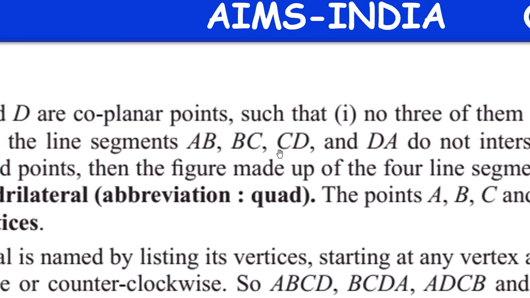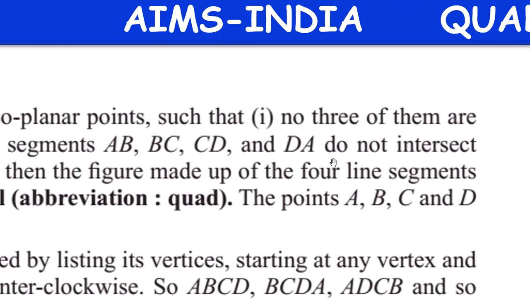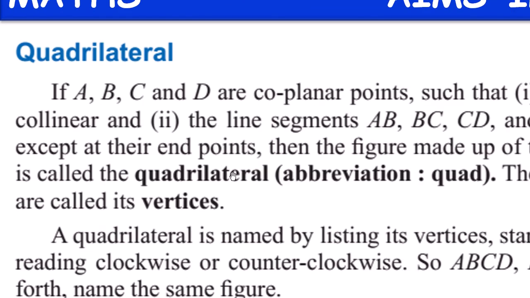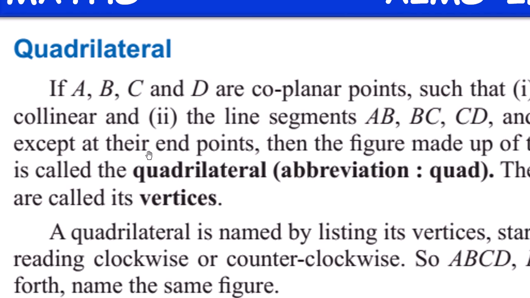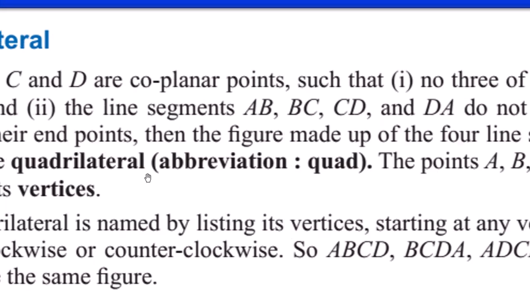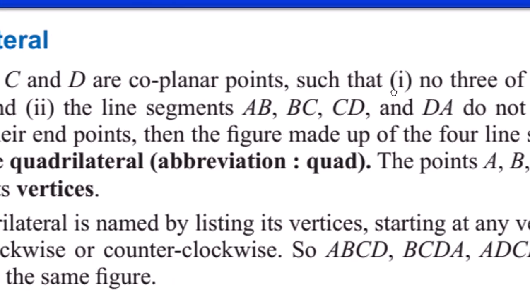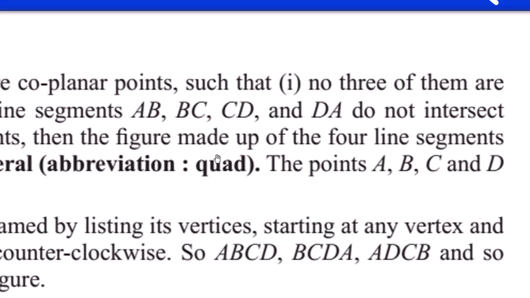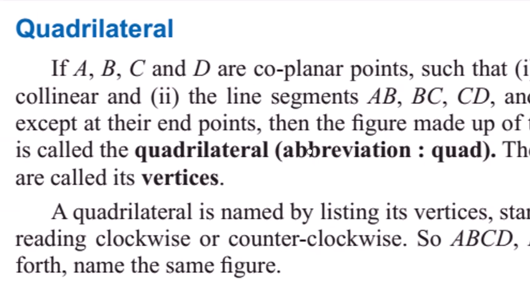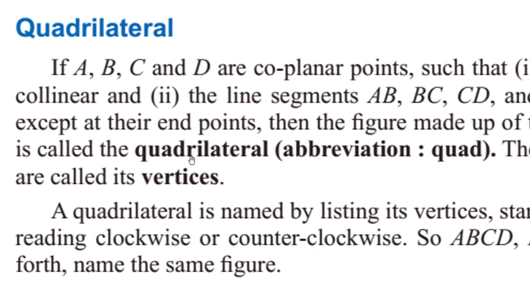They are AB, BC, CD, DA. They do not intersect except at their endpoints. That is second condition. If these two conditions are satisfied, then the figure made up of the 4 line segments is called the quadrilateral.